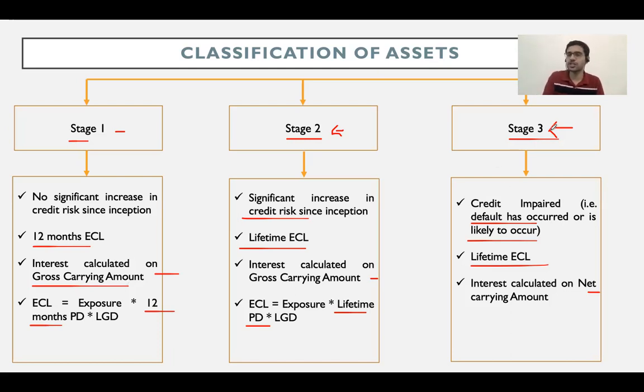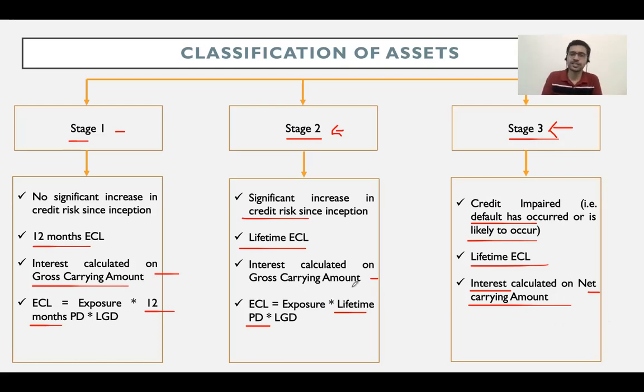But when it moves to stage 3, I will calculate interest on my net carrying amount, which means I will apply the effective interest rate not on the opening gross balance, but on opening gross minus the allowance for ECL. So I am going to calculate my net carrying amount, and my EIR, the effective interest rate, I will apply on my net carrying amount rather than on the gross carrying amount.